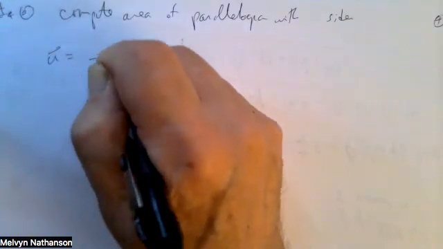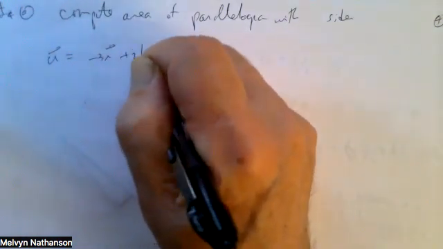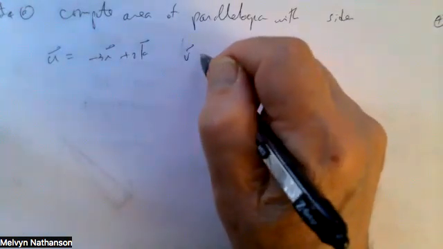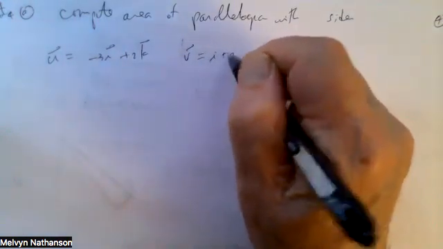U is minus 3i plus 2k. V is i plus j plus k.